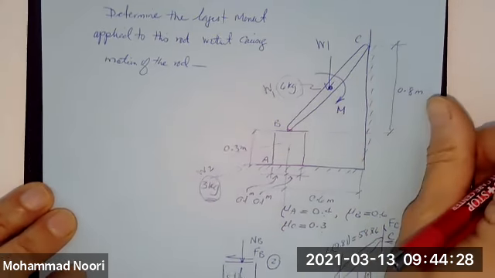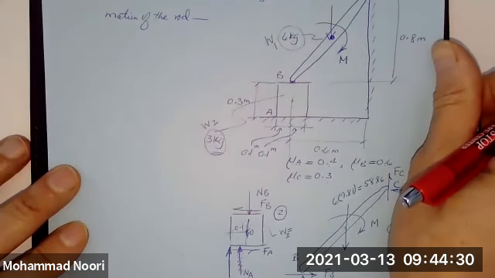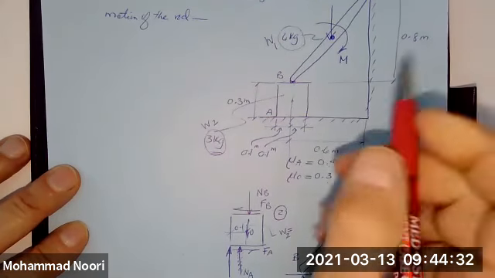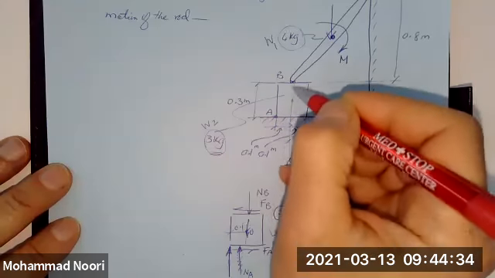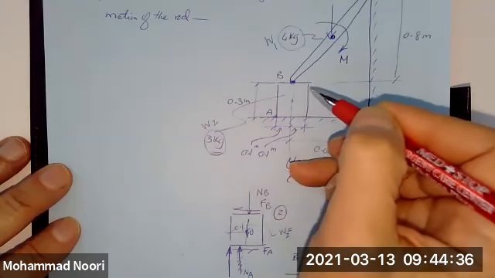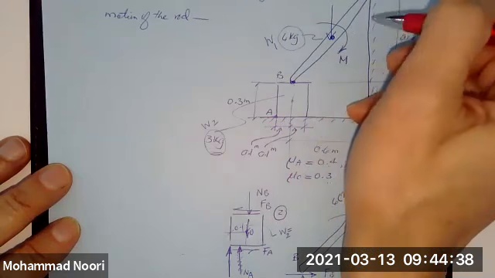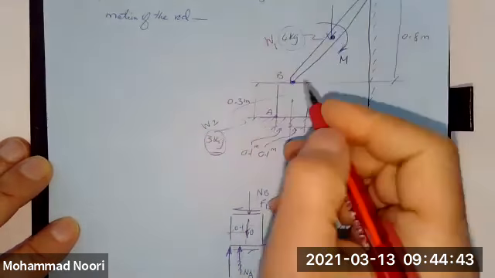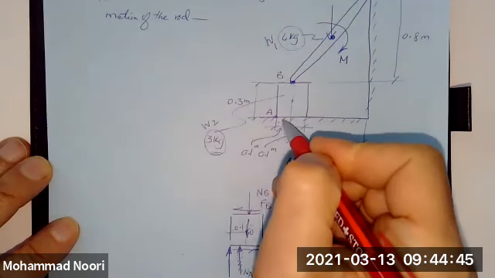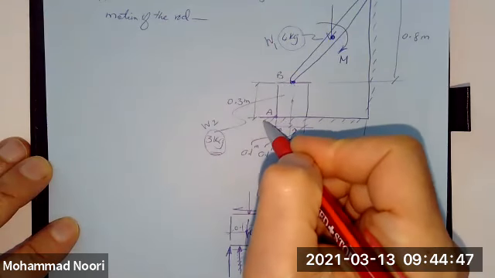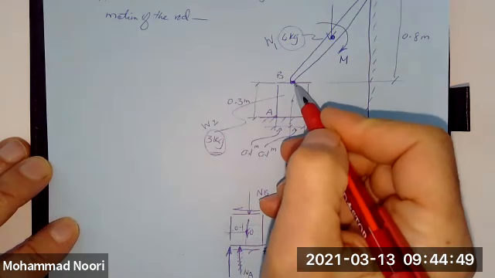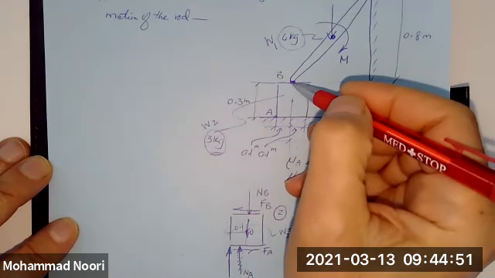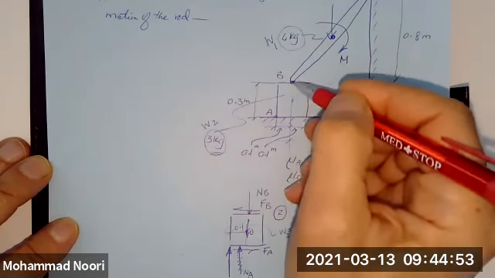And we do not know what the friction force at A or B will be because we do not want any motion to take place. That is, when you apply this load, we don't want this to slip here. We don't want this to slip here. So we need to find those maximum forces.